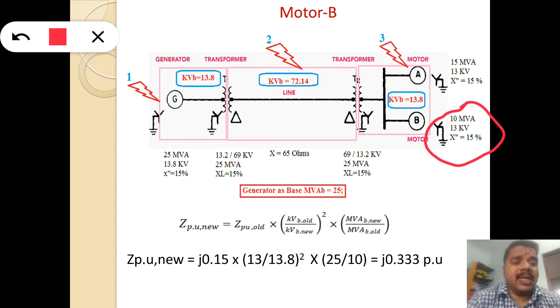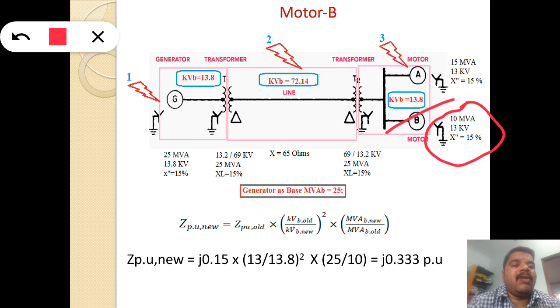Z per unit old for motor B is 15%, so j0.15 times KVB old divided by KVB new squared. KVB old for motor B is 13, divided by KVB new. Motor B is also under section 3.